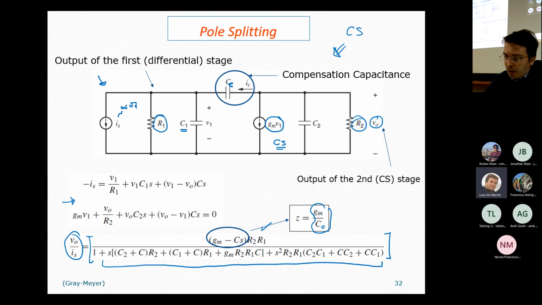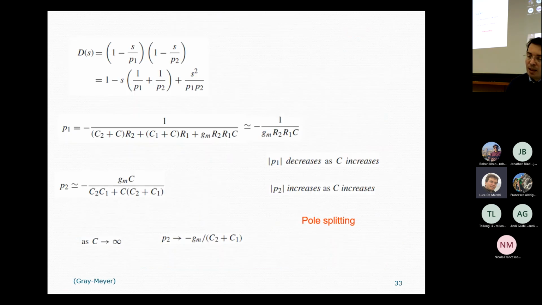Okay, so indeed, the transfer function for this configuration is characterized by this relationship. We have said that we do have a zero whose value is Gm over compensation capacitance. And please notice that this zero is positive. Then we do have the denominator whose roots are the poles of the circuit.